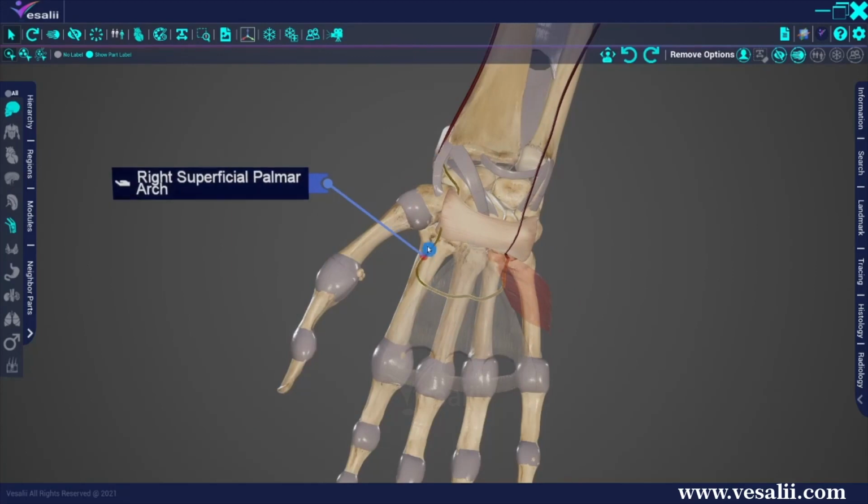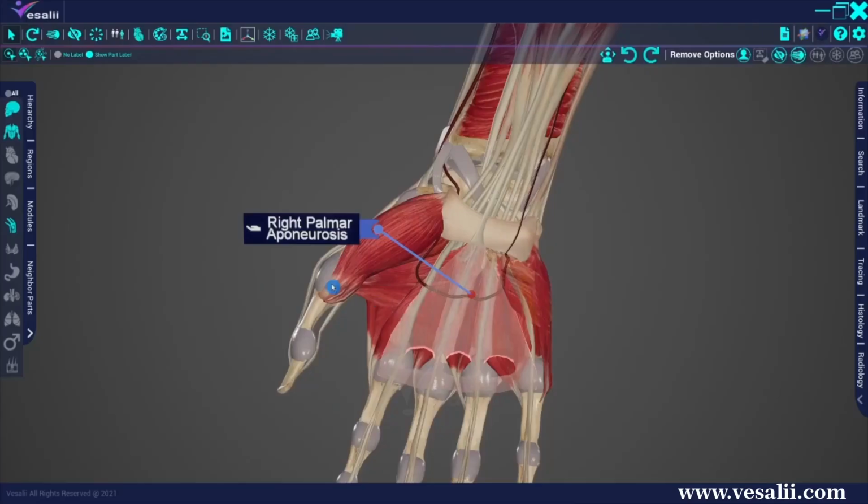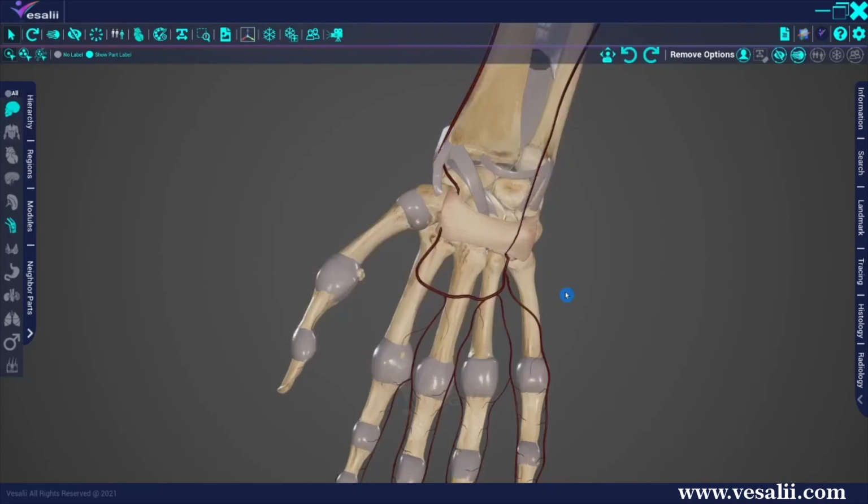The superficial palmar arch lies deep to the palmar aponeurosis and superficial to the long flexor tendons. On the radial side of the palm, it anastomoses with the superficial palmar branch of the radial artery. The superficial palmar arch gives off 4 branches that emerge from its distal convexity.